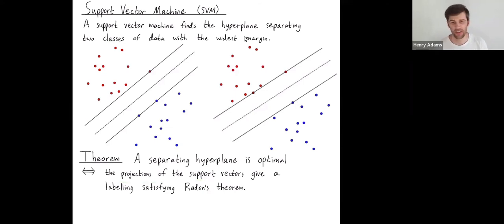So in summary, a separating hyperplane is optimal, i.e. has the widest possible road, if and only if, when you take the support vectors from the two classes and project them to the separating hyperplane, the convex hull of the red points and the convex hull of the blue points intersect.